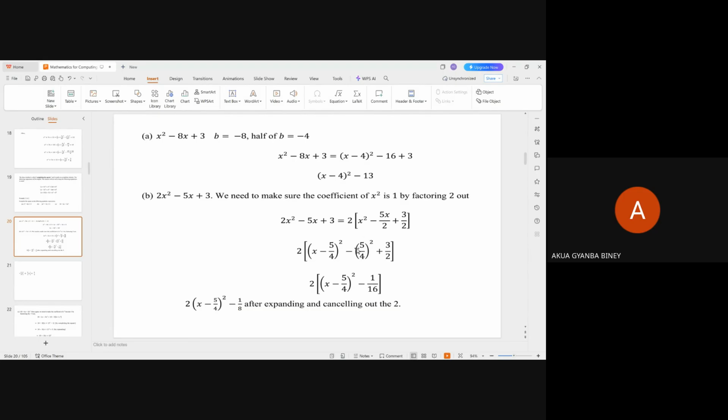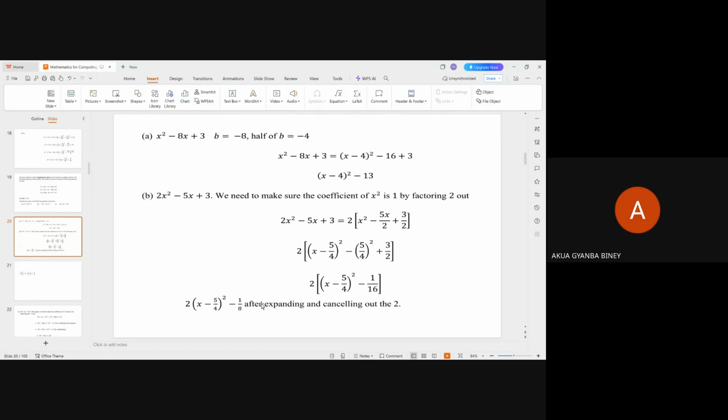So we have minus 25/16 plus 3/2. Simplify this and you get minus 1/16. And then if lastly you want to expand the bracket back, you have 2x minus 5/4 all squared minus 1/8.